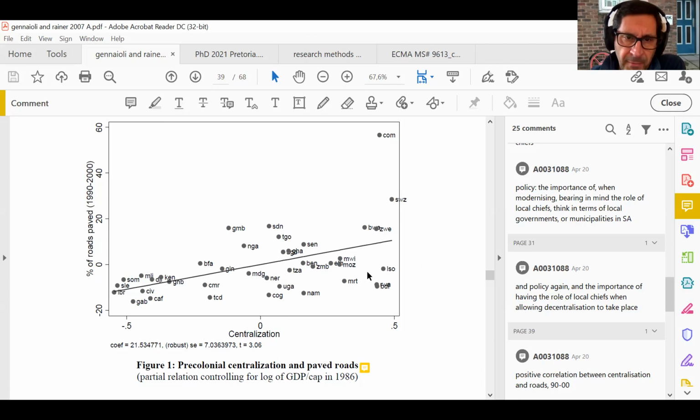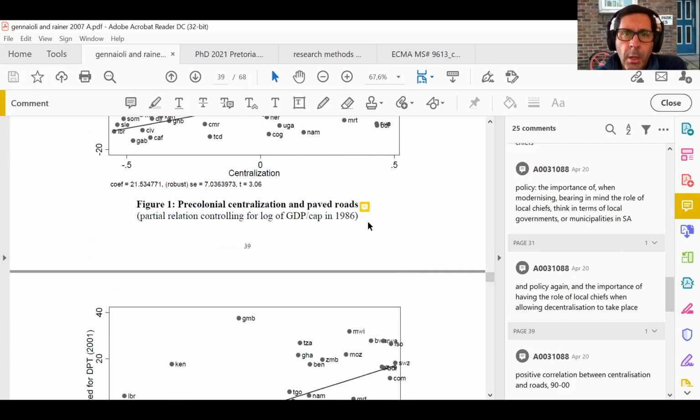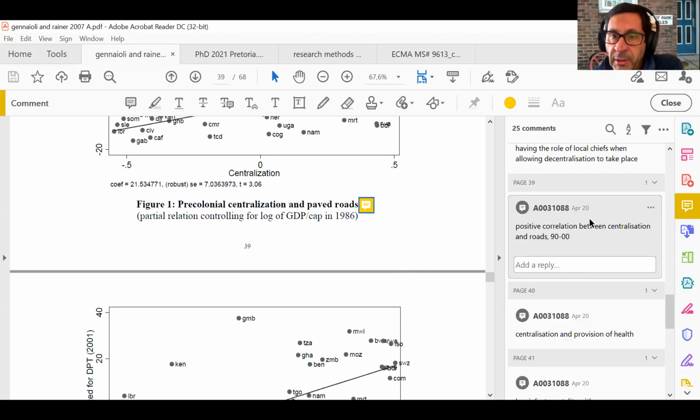I don't know where South Africa is. I don't know if South Africa is in this data set. I don't see South Africa. So, a positive correlation between centralization and roads between 1990 and 2000.